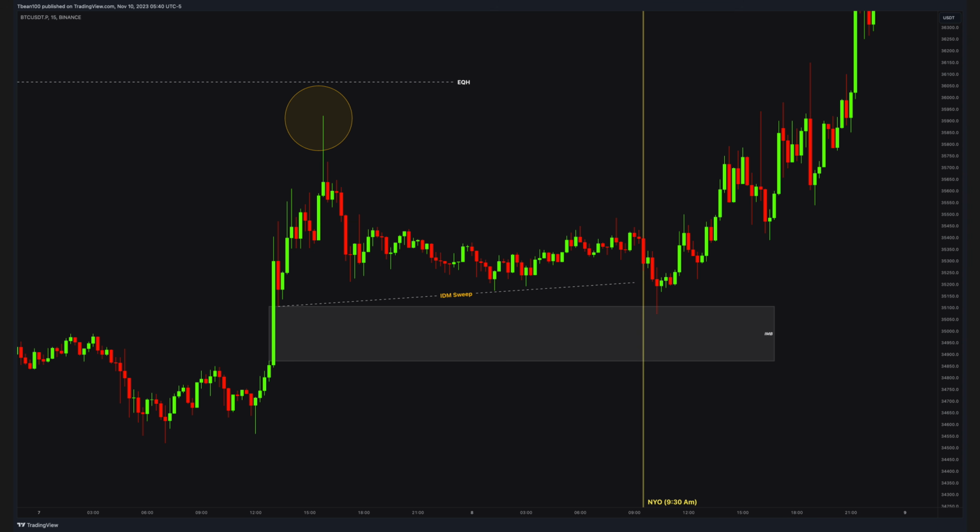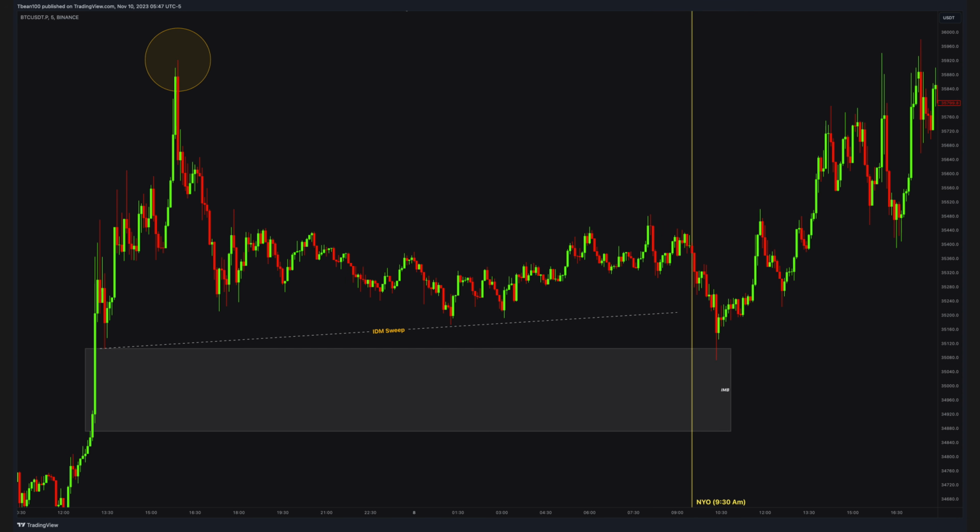We are going up and grabbed fuel here. Let's zoom in on the 5 minutes time frame and discuss it further. Notice the imbalance right here. This was my inner target. Then notice the perfect equal highs.